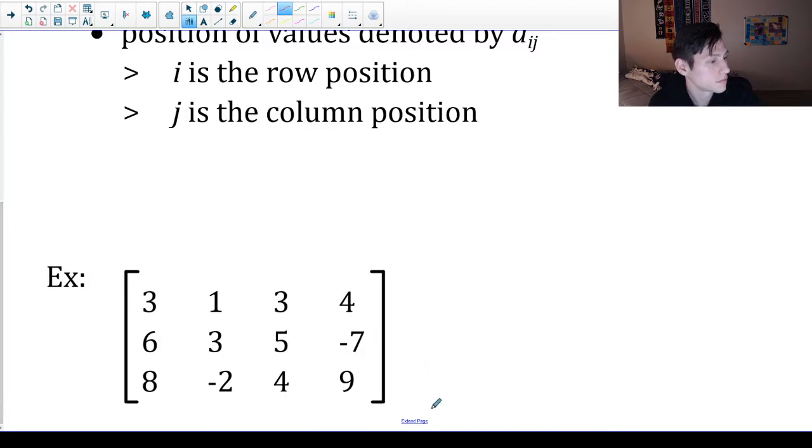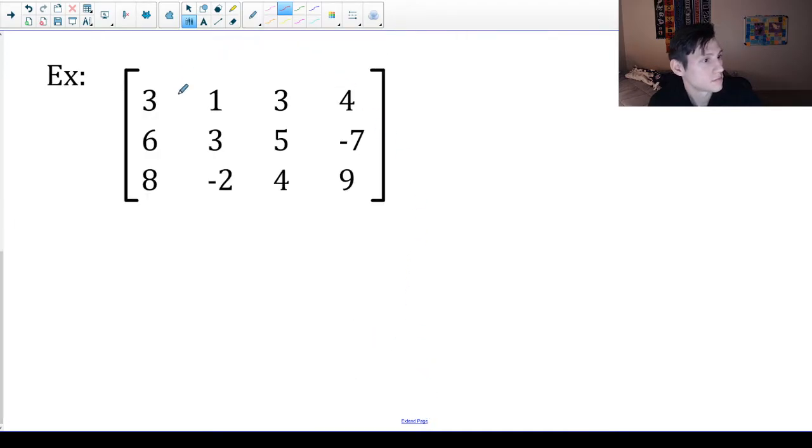So, for example, 3 rows, 4 columns. So we would call this a 3 by 4 matrix. And let's just practice using specific spots. If I wanted to know what is a24?